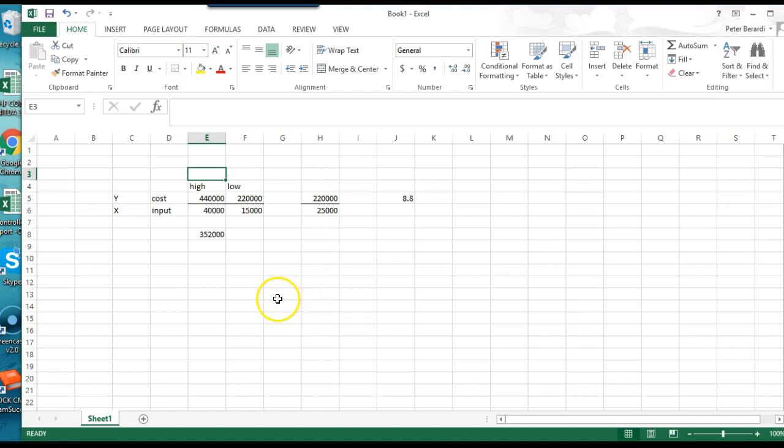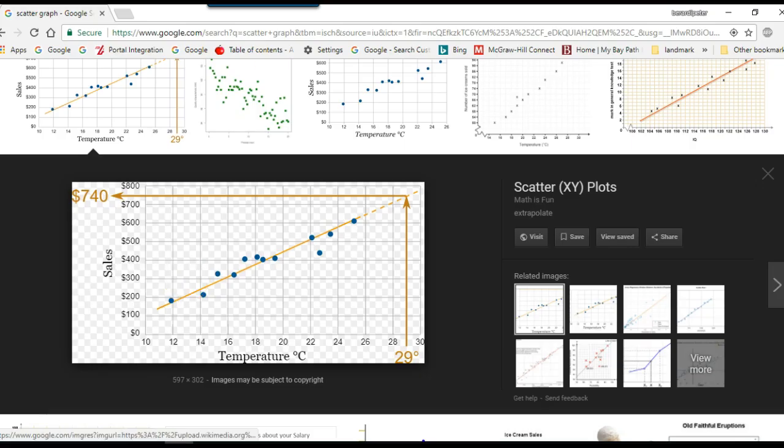So as we draw a line, say for example, basically a scatter graph where we have the x-axis and the y-axis, for temperatures in Celsius, as they go up, our sales go up. As they go down, our sales slope down.